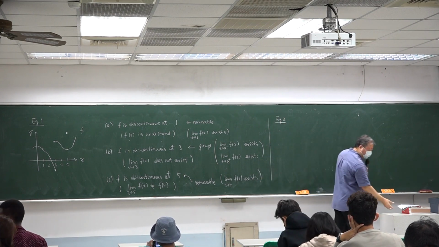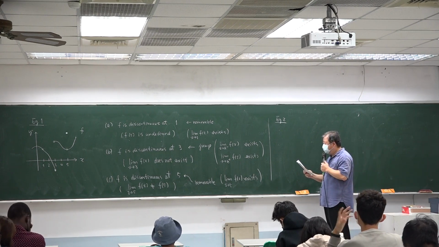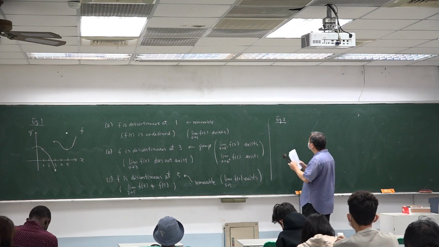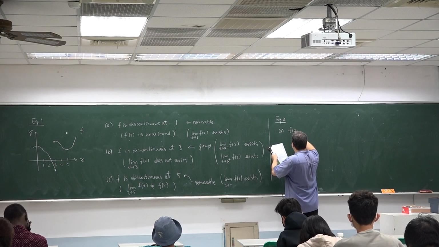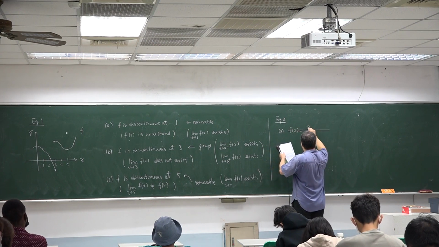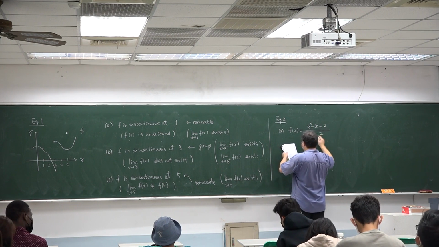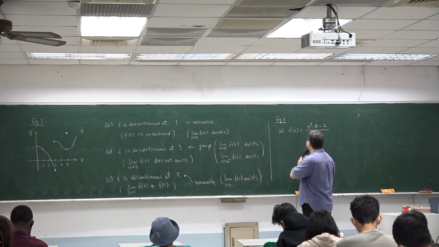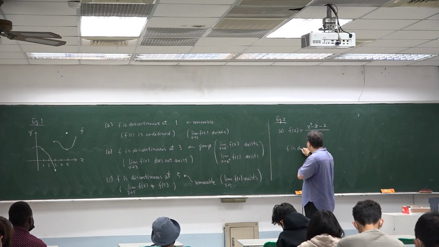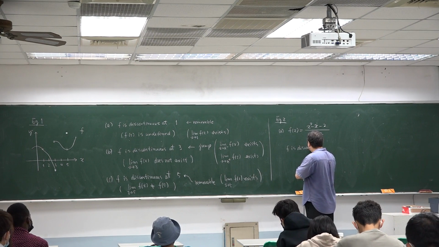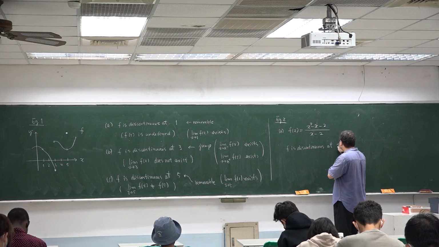Example 2. Where are each of the following functions discontinuous? For this function, f is continuous everywhere except at the number 2.